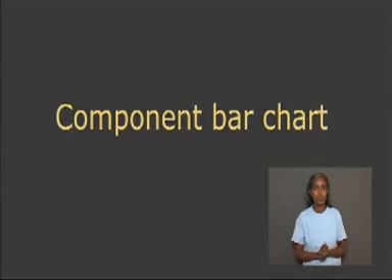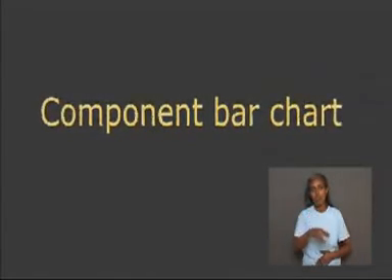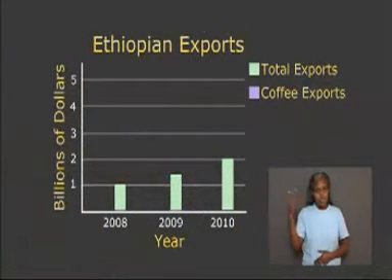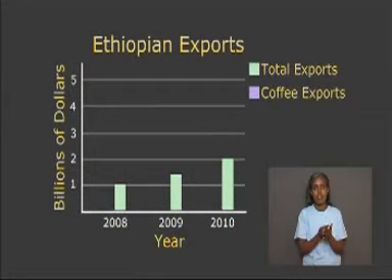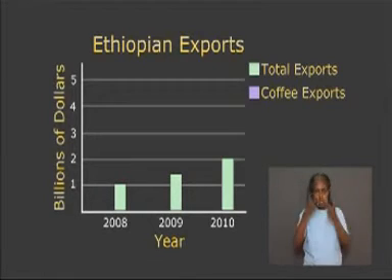A component bar chart is the second type of graph. A component bar chart shows the relative contribution of each part or component to the total. Using the same data as in our simple bar chart, we can now determine what value of exports is represented by coffee.